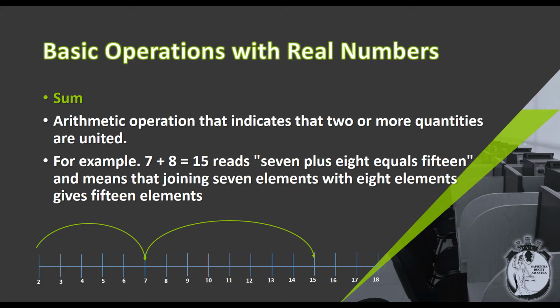Now, what is the first basic operation with the real numbers? It is the sum. It's an arithmetic operation that indicates that two or more quantities are united. For example, here you have 7 plus 8, it equals 15. You check that line.